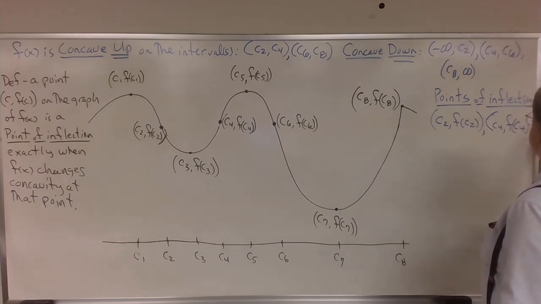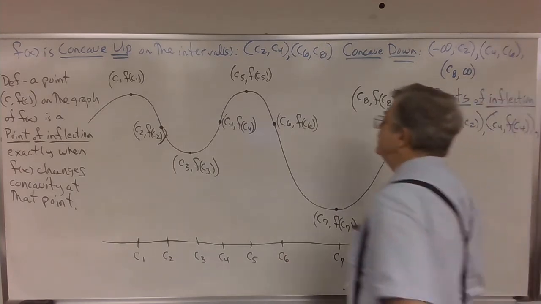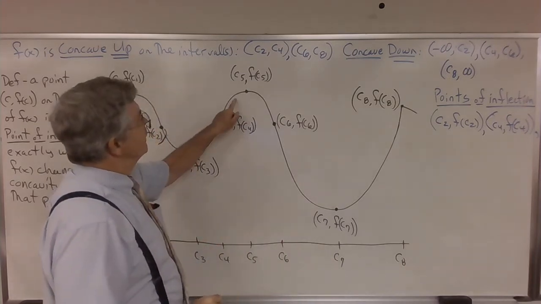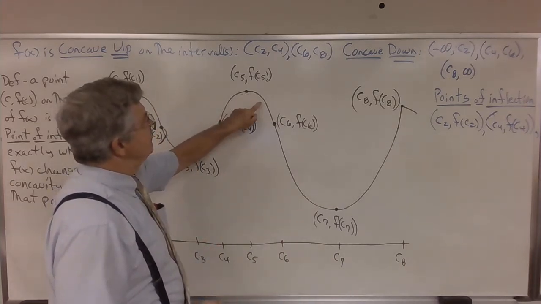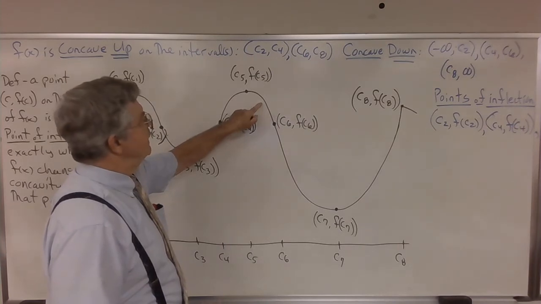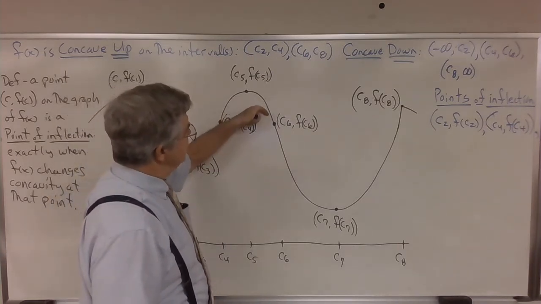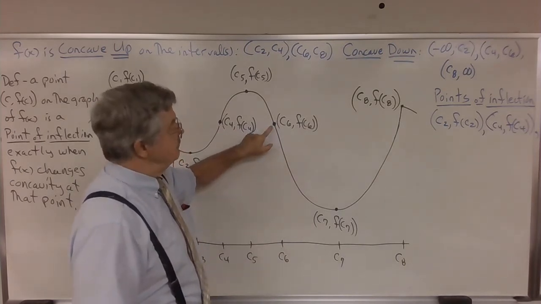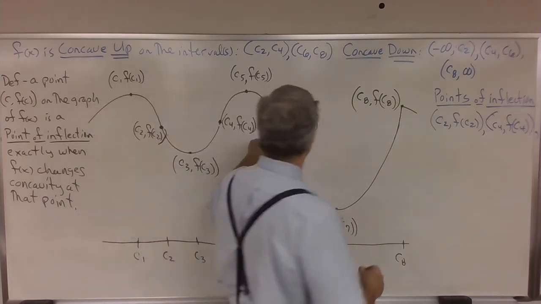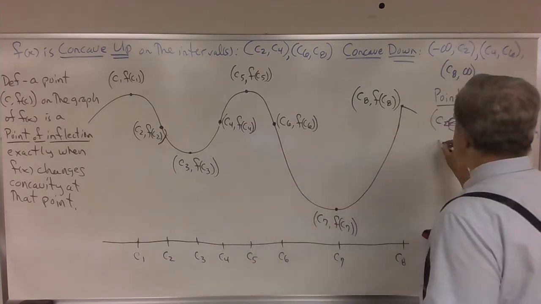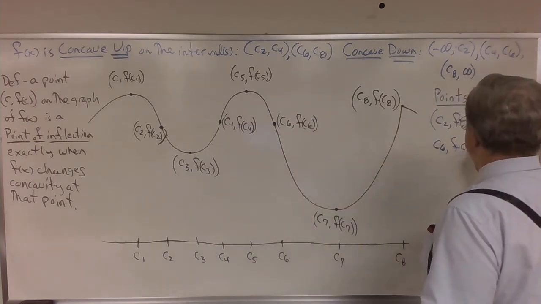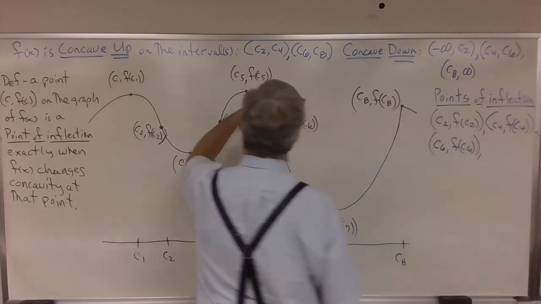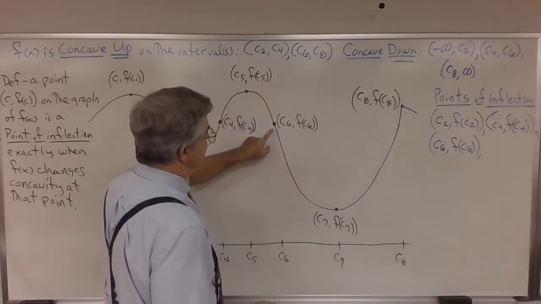I wonder if we have any others. Let's see. Concave down here, concave down here. Nope, no change of concavity. Concave down here, concave up here. The graph changes concavity here, so C6, f of C6 is a point of inflection. The graph changes from concave down to concave up at this point.